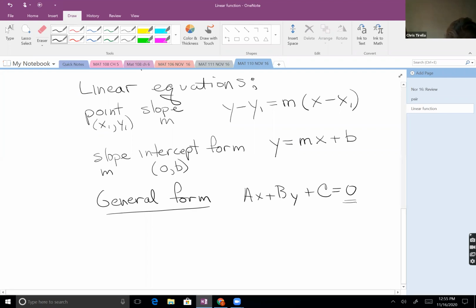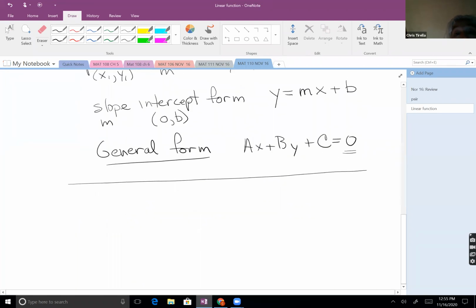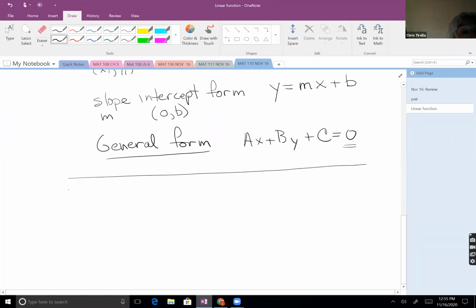And after we looked a lot at equations of lines and graphed lines using our slope and y-intercept, we then went on and looked at a couple other formulas. One was for the distance between 2 points.